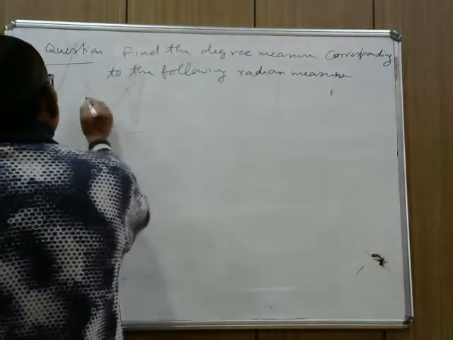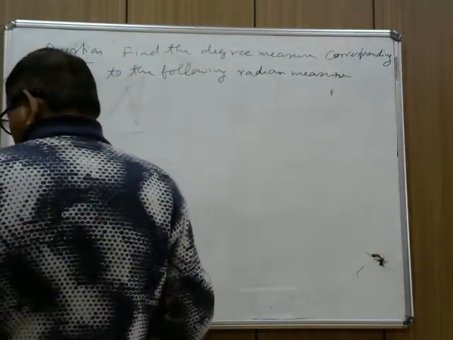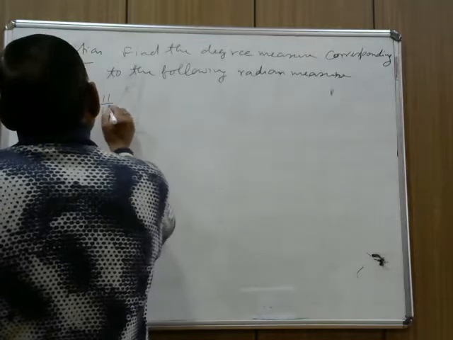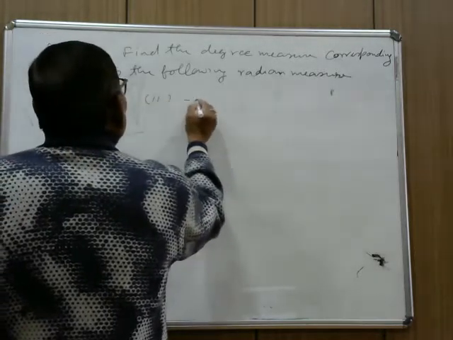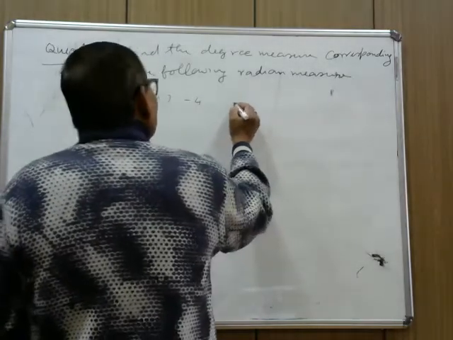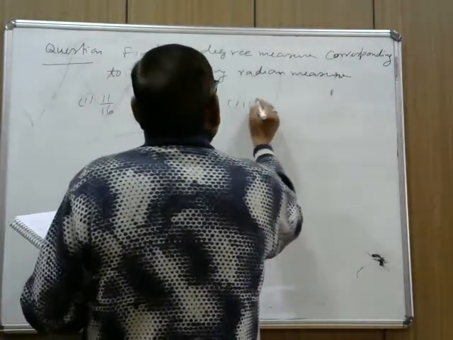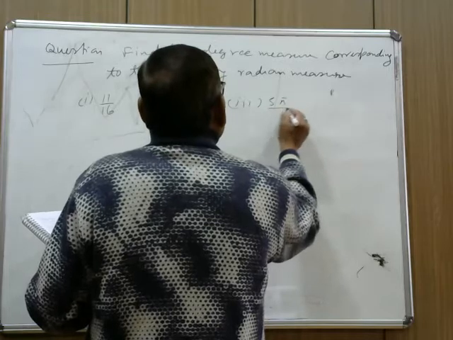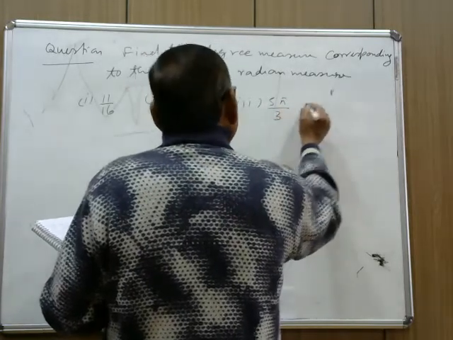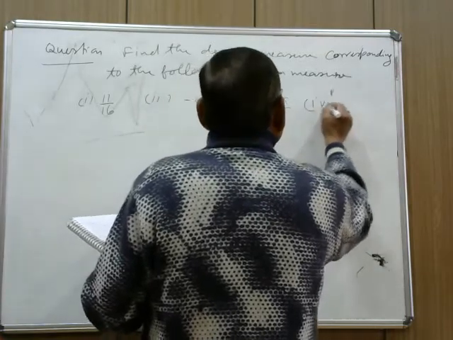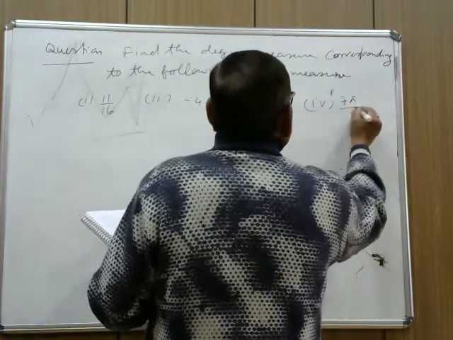Following radian measures: first, 11 by 16; second, -4; third, 5 pi by 3; and fourth is 7 pi by 6.